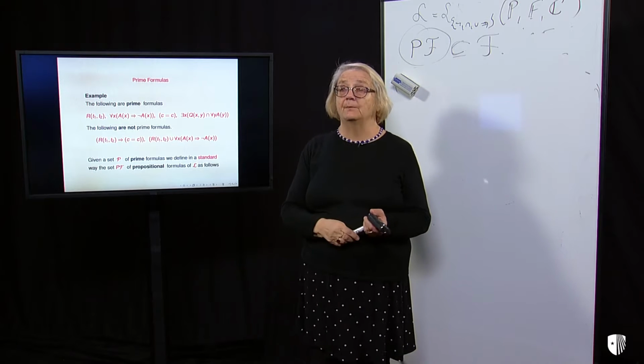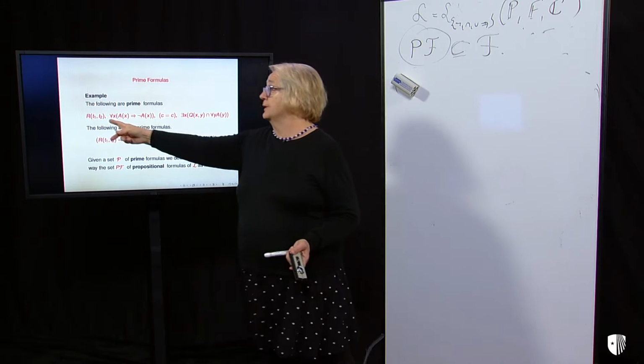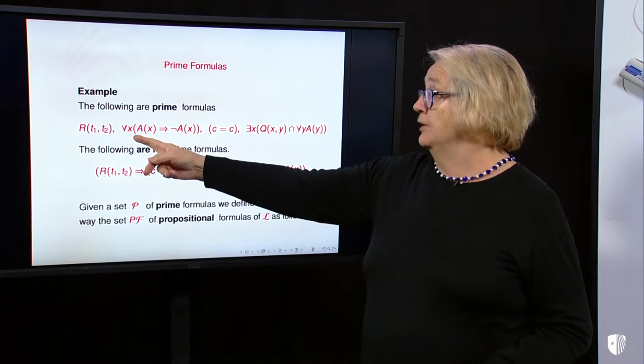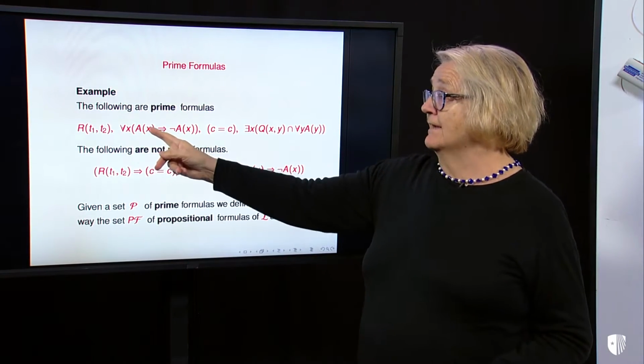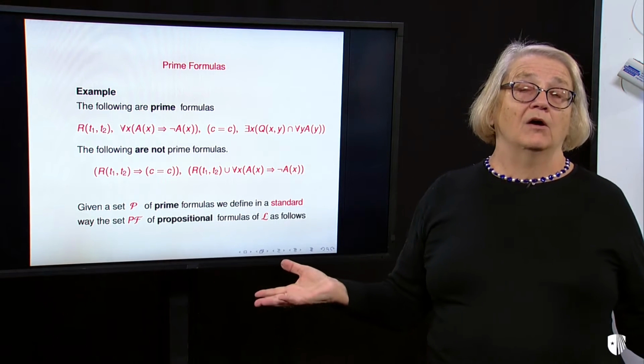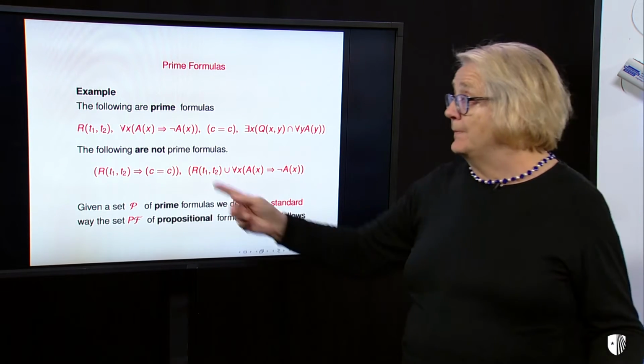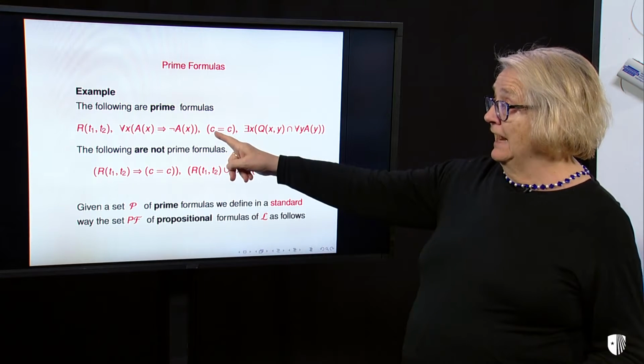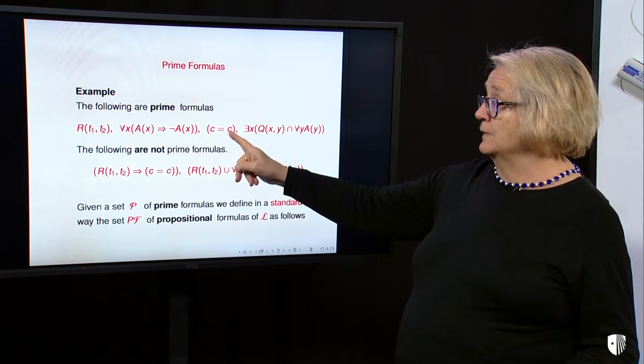And here are some examples. Here is an atomic formula, t1 are terms. Here you have A x, any formula of our language, but we have to put a quantifier, any quantifier. Here I have c equals c.